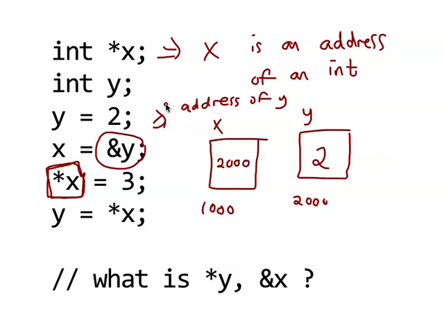Now x is an address, so you look up the box x, you take out the piece of paper inside, oh, it's the address 2000. So you go and look for the box 2000, and then you put the value 3 inside. When I say star x equals 3, I look for box 2000, I find it, and I put 3 inside the box.